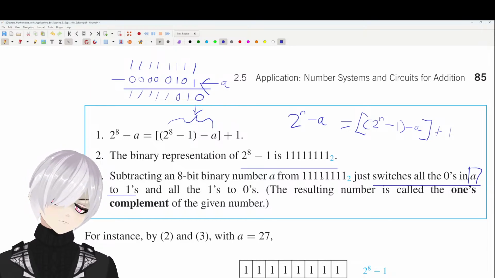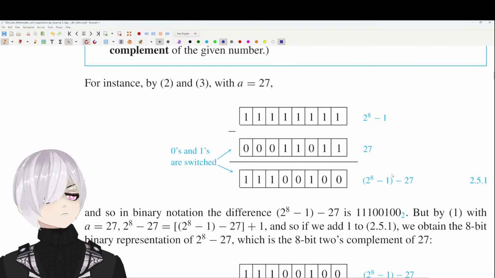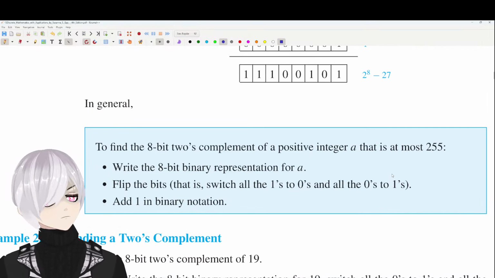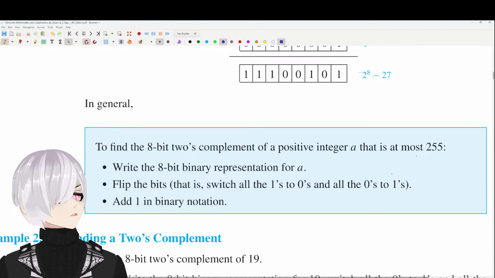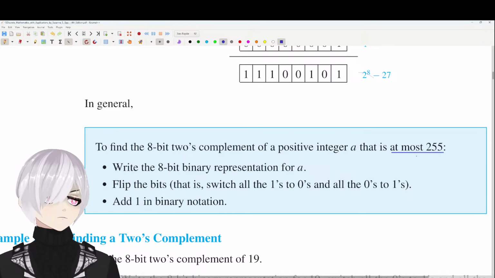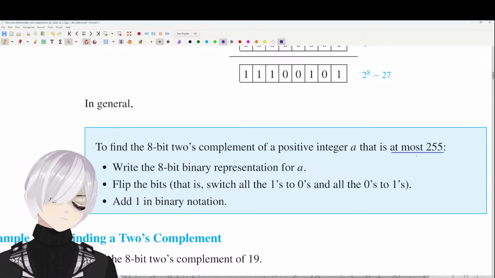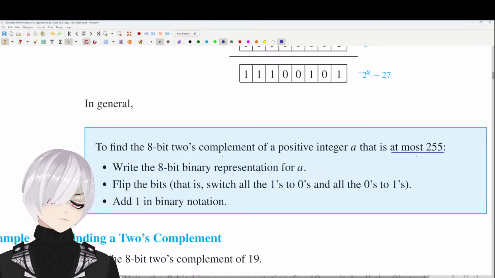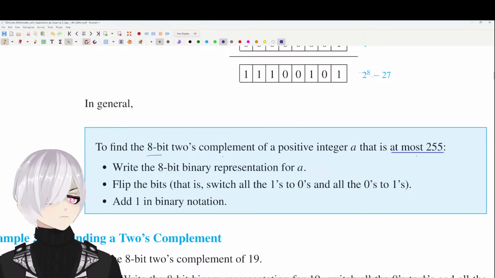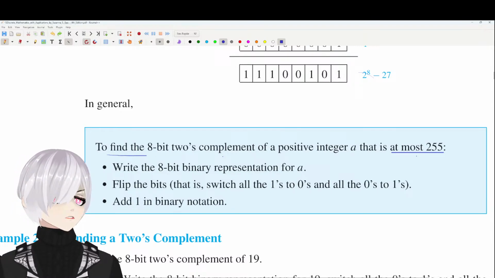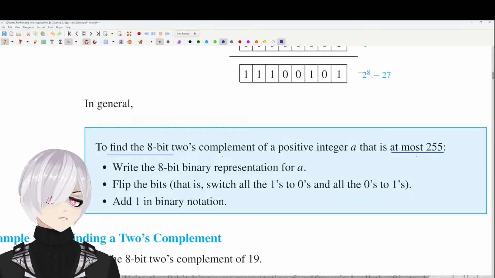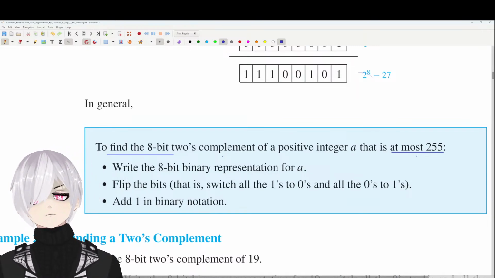But the procedure in the blue box further down doesn't work for two to the n, because 2 to the n is 256, and the first step says write the 8-bit binary representation for A, but 256 would have a 9-bit binary representation. But you still could technically calculate the two's complement for 256, because it would just be 256 minus 256, which is 0, and then you just have 8 zeros.